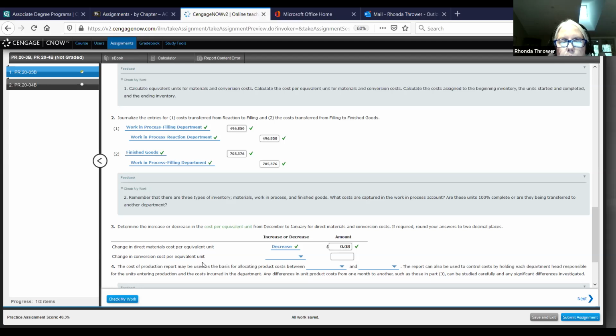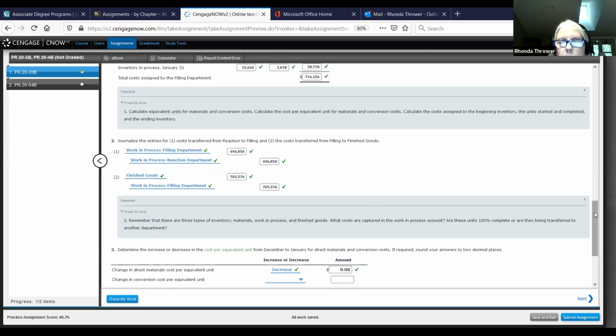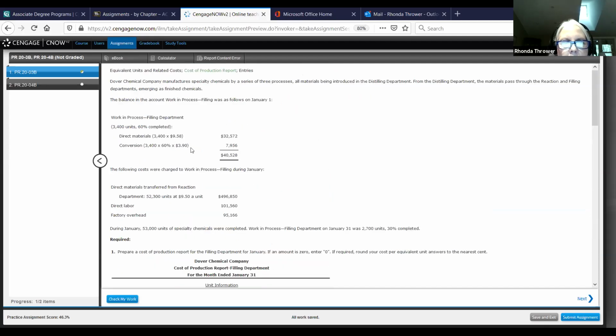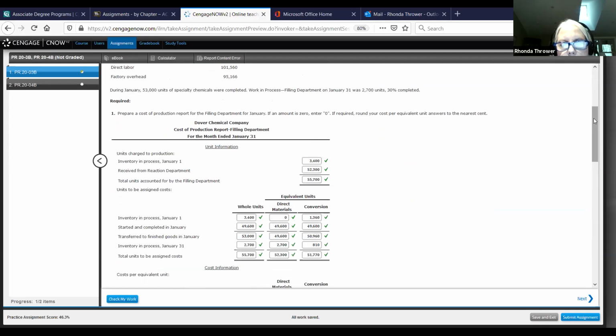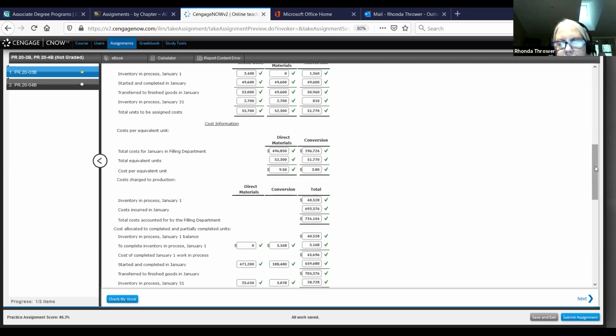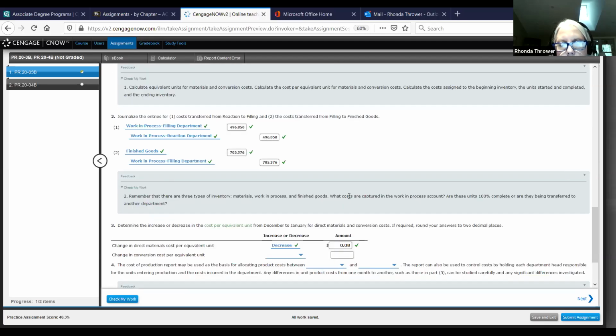Last month's conversion cost per equivalent unit was given. Last month, the conversion equivalent unit cost was $3.90. You're going to compare $3.90 with what happened this month. This month, it was $3.80. There is a 10-cent decrease from last month to this month. So it's a decrease of 10 cents.